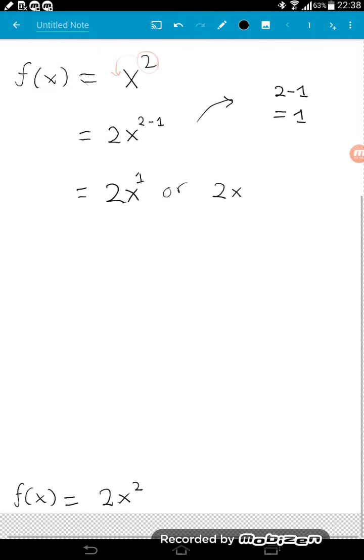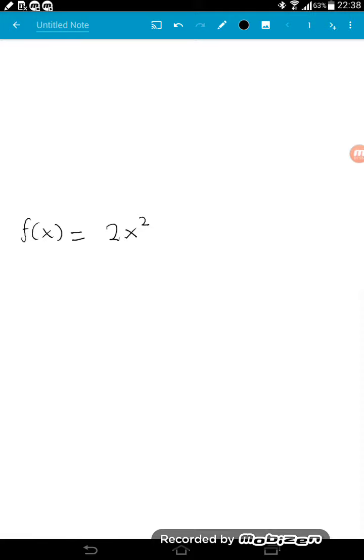Okay, let's go to another question. Assuming you've got 2x to the power of 2. So notice this is your exponent, 2. What you're going to do is bring your exponent right over here.